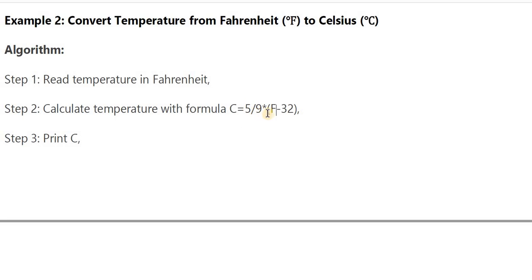And after putting the value of Fahrenheit, say we get the value C. So this C is the value which is in Celsius, or the equivalent value in Celsius. So at the last step we have to display the value C. So this is the algorithm to convert temperature from Fahrenheit to Celsius.